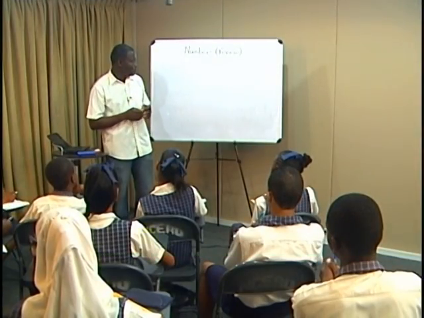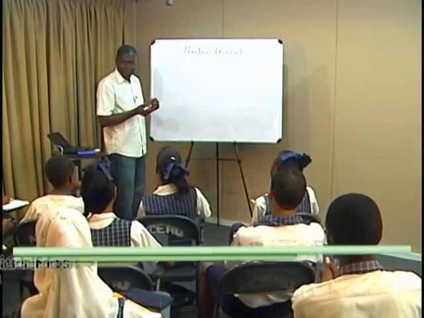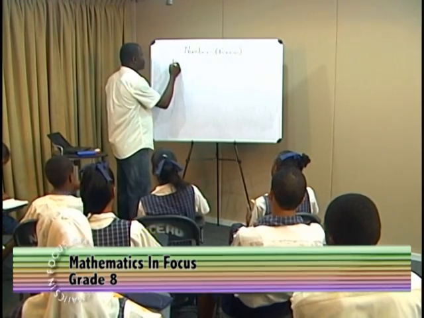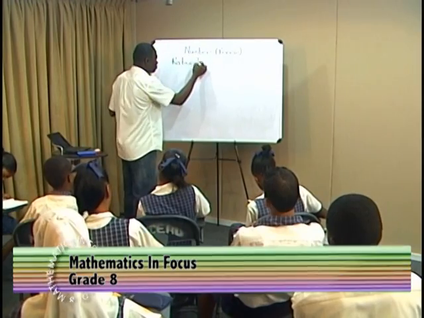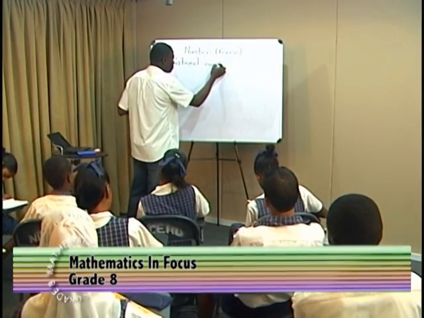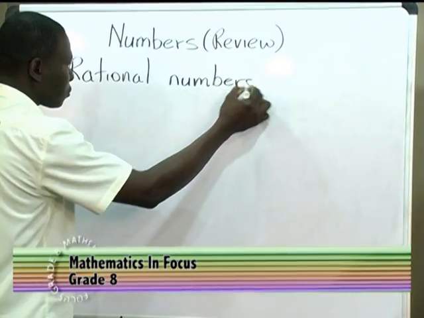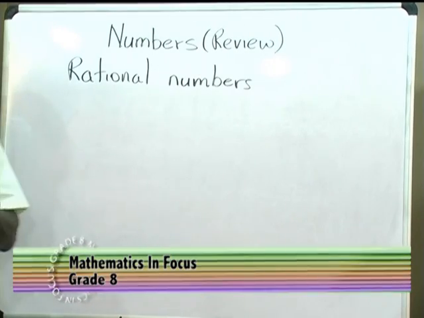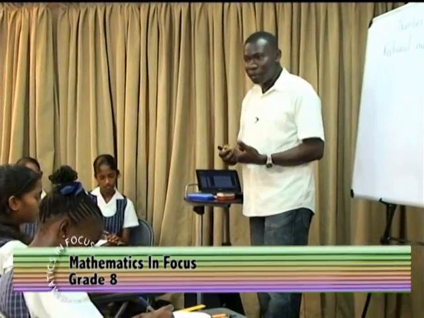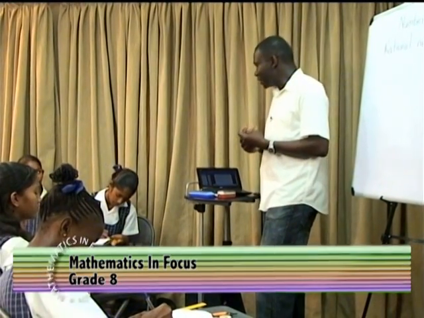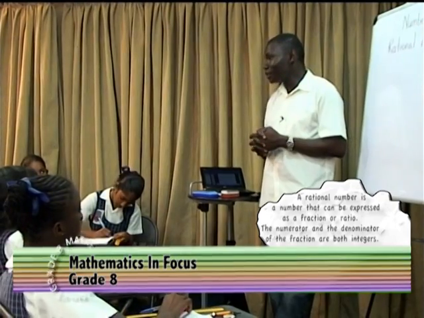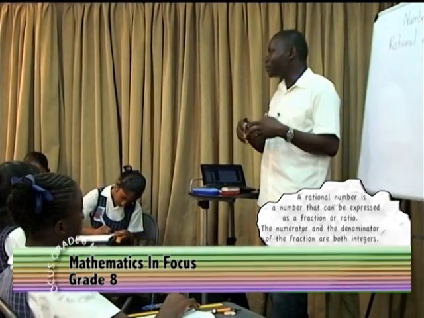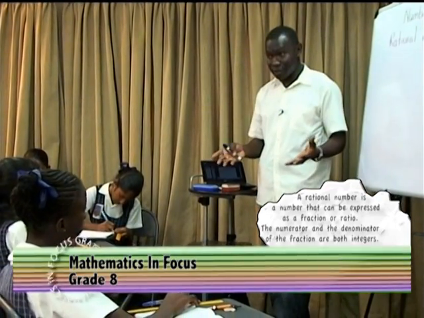All right, well then I will add a little to rational numbers. Rational numbers is made up of the set of integers together with fractions. So it's not just fractions alone, but it also includes all integers.